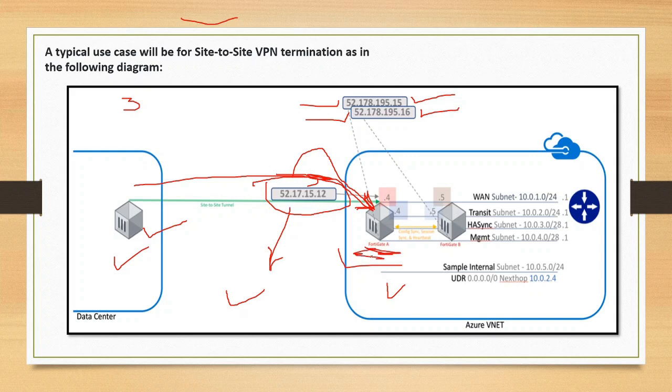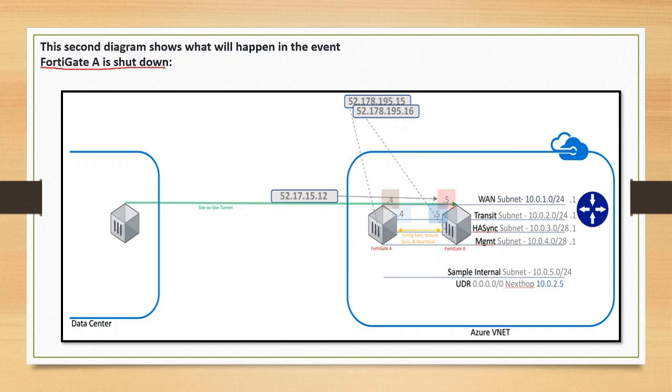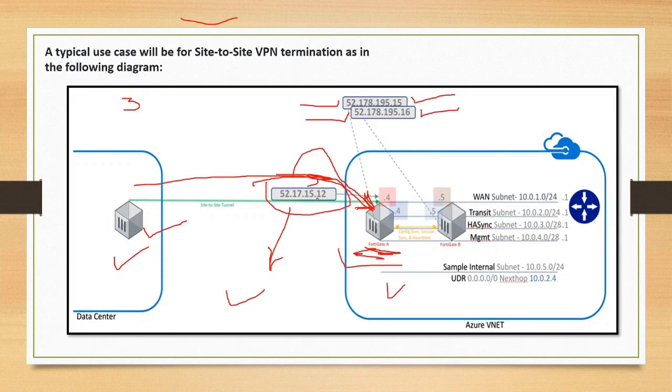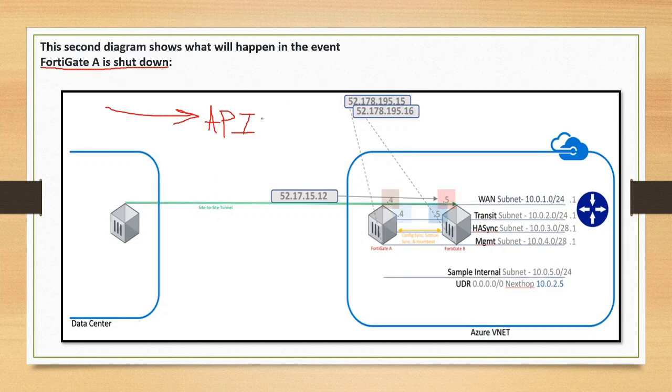Now, let's suppose FortiGate firewall A is shut down. What will happen? Once FortiGate firewall A shuts down, you can see in this diagram, the cluster IP is associated with the primary IP address and the UDR for the internal network is 2.4, which is the internal IP address of the FortiGate firewall. When the failover triggers, the FortiGate calls an API to the Azure cloud.